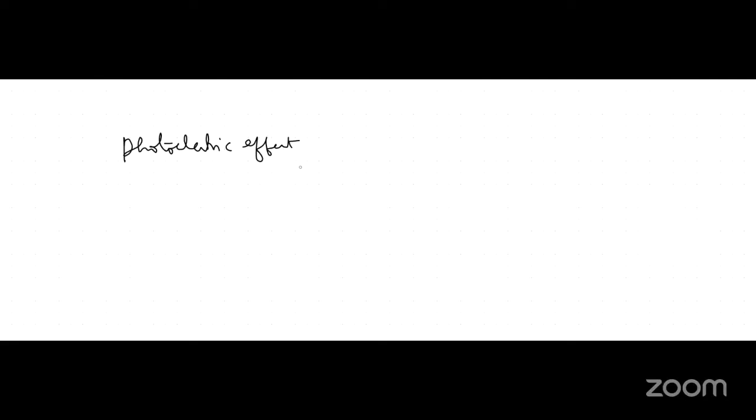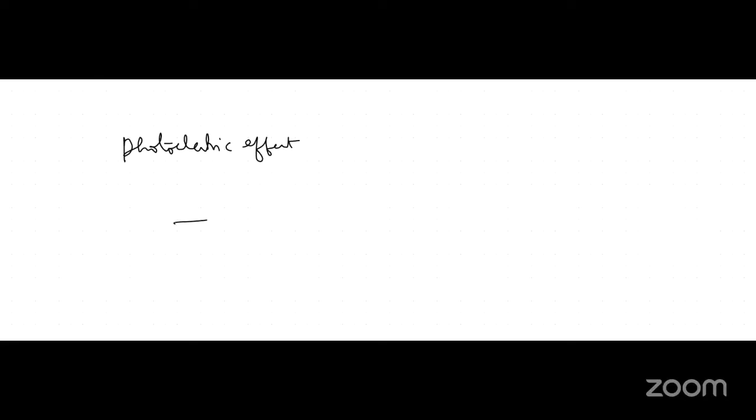Now let's see the photoelectric effect. First of all, what is the photoelectric effect? It is the phenomenon in which electrons are emitted from a metal surface when electromagnetic radiation falls upon it. That is nothing but electromagnetic rays hitting a metal surface.